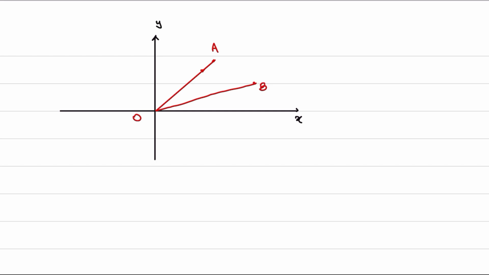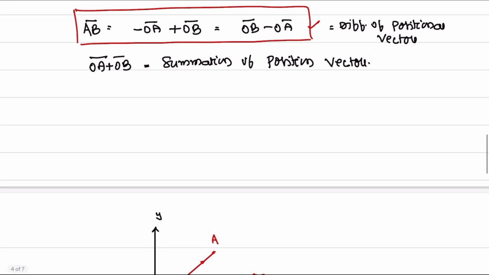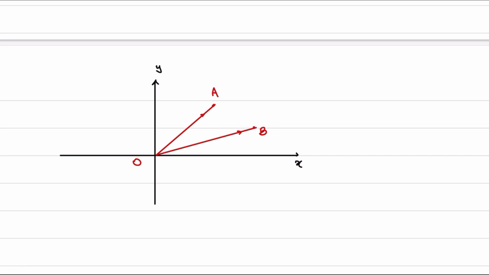This is OB, in this direction. And when these two are in this direction, A to B is OB minus OA. What is A to B? A to B is nothing but OB minus OA.